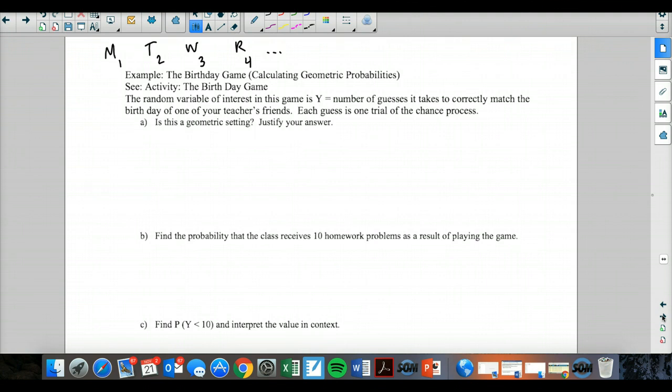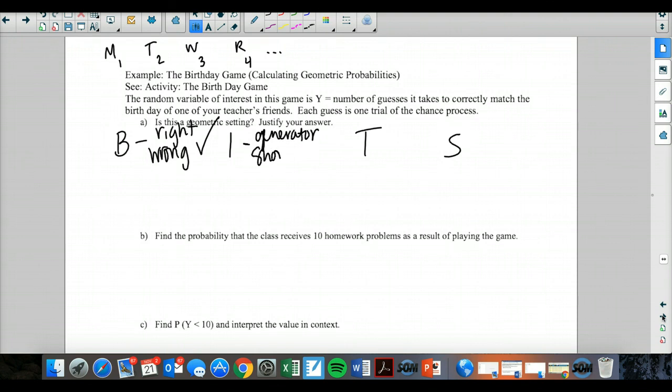So the answer would be BITS. So they are either right or wrong. So that's binary. Independent, well, the teacher is using a generator to generate the day. So generator shows independence, right? Because it won't be like, oh, I picked Monday last time, so I'm going to pick something different. It just generates.